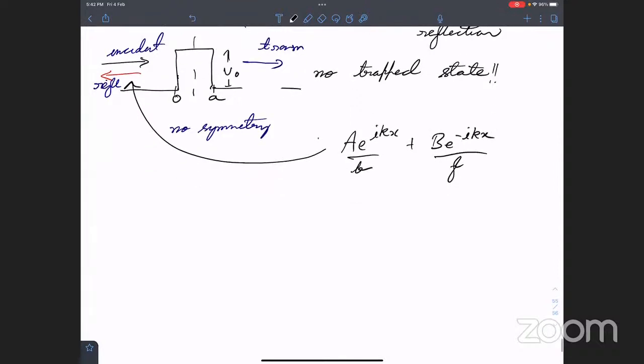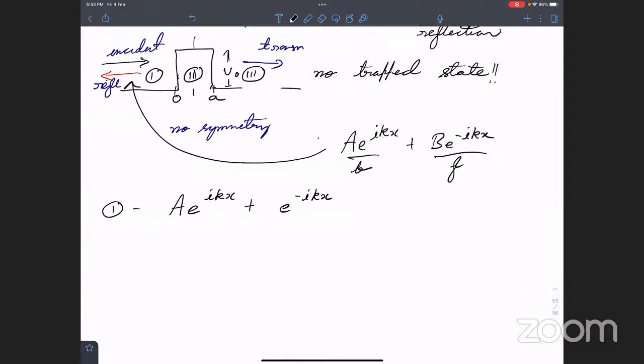So let us write this solution. On the left hand side, we call this region 1. We call the barrier region region 2, and the right side region 3. In region 1, I can straight away write the solution of the Schrodinger equation as e to the power ikx plus b e to the power minus ikx. I know that this is my forward traveling wave, so I'm going to simply take off this constant, just to simplify my solution, because I know this is my incident wave.